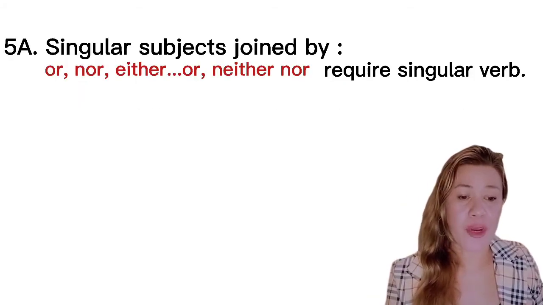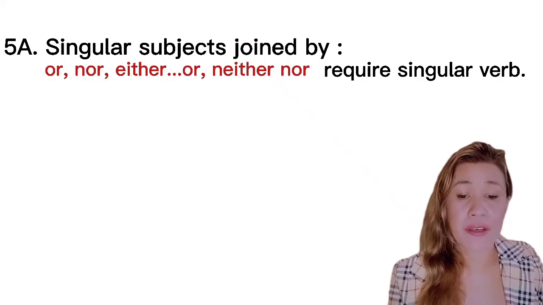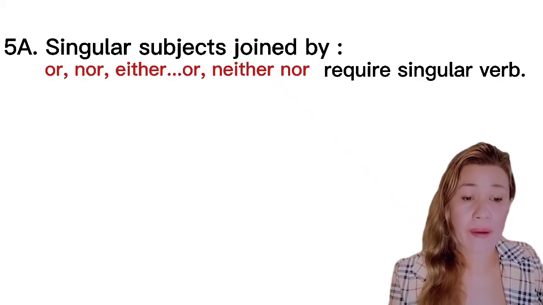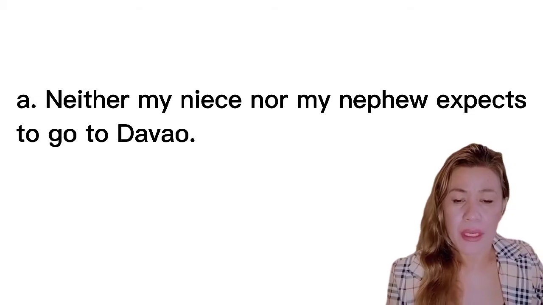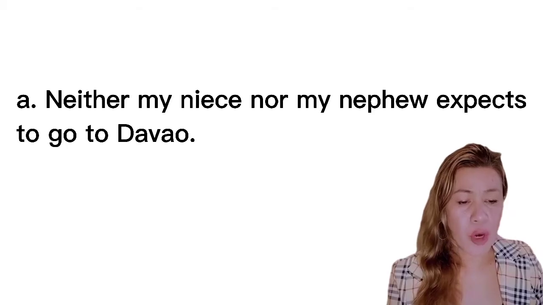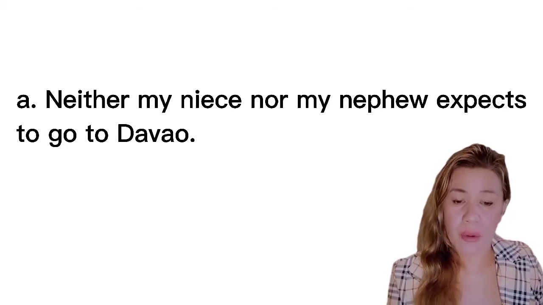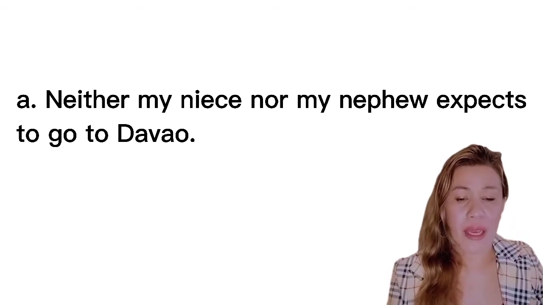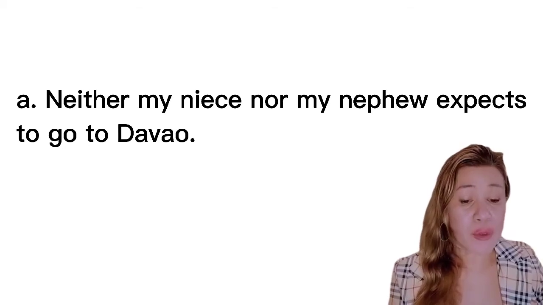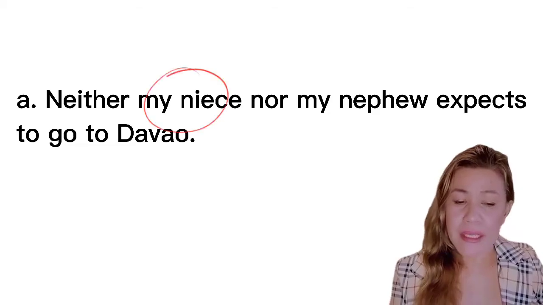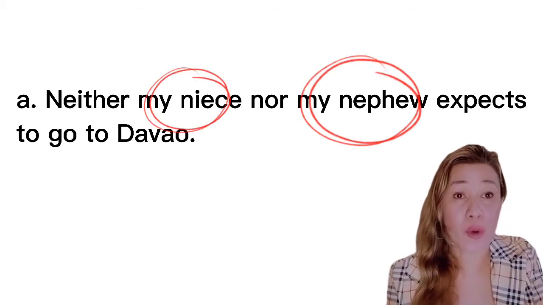5A. Singular subjects joined by or, nor, either or, and neither nor require a singular verb. For example, neither my niece nor my nephew expects to go to Davao. First, let's identify which ones are the subjects. In this example, we have two subjects here, my niece and my nephew, joined by neither nor.